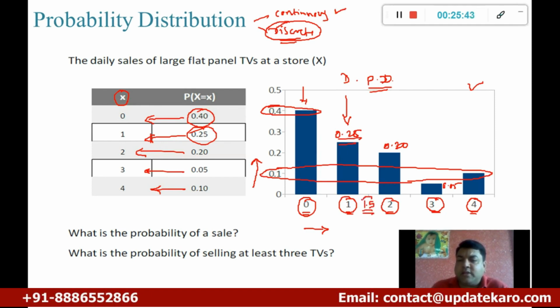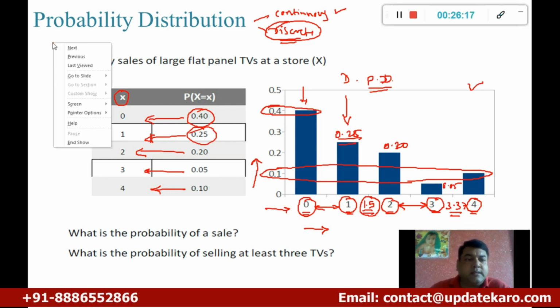It is not making sense to sell 1.5 televisions, or to make 3.37 televisions. So I cannot have values between these 2 values of the random variable, and that is why it is discrete count data. But if I have temperature or age over here, then I may have a value in between.